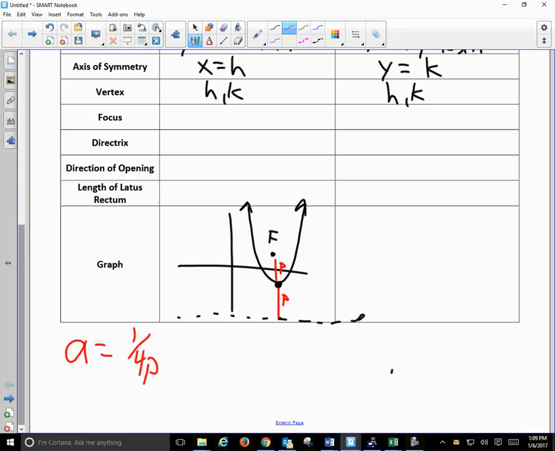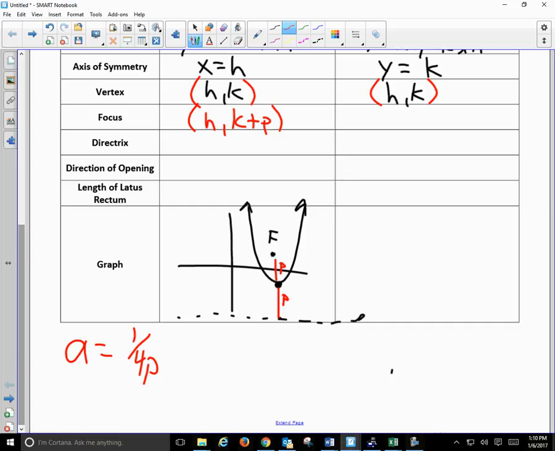All right. So if this focus is p units from the vertex, do I move vertically or horizontally? Vertically. So is that going to affect the h value or the k value? It's going to affect the k value. So the focus is (h, k plus p). But the directrix is an equation for a line.